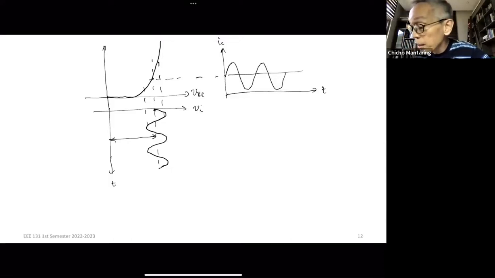This offset I will call capital V, capital I. Actually, this should be small v, capital I, if we base it on our convention. So I now have VI will be equal to capital V_I plus my original signal, small v_i.